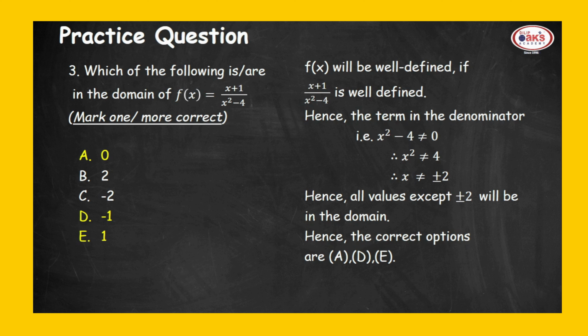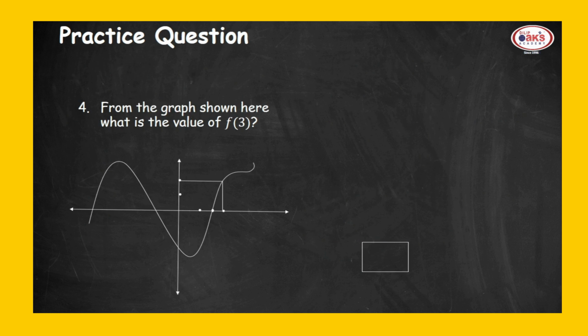Let us move on to the next question, where the graph of a function is given and they are asking us to find the value of f of 3. As you know, to evaluate f of 3, we will look for 3 on the x-axis, and to find f of 3, we will connect 3 with the corresponding value on this graph.